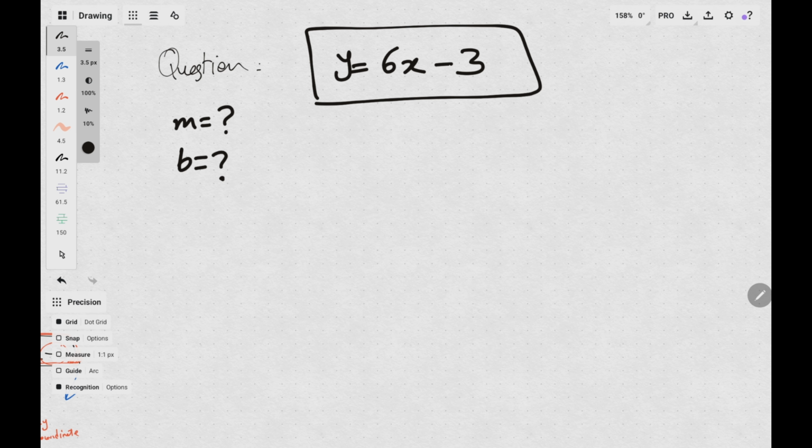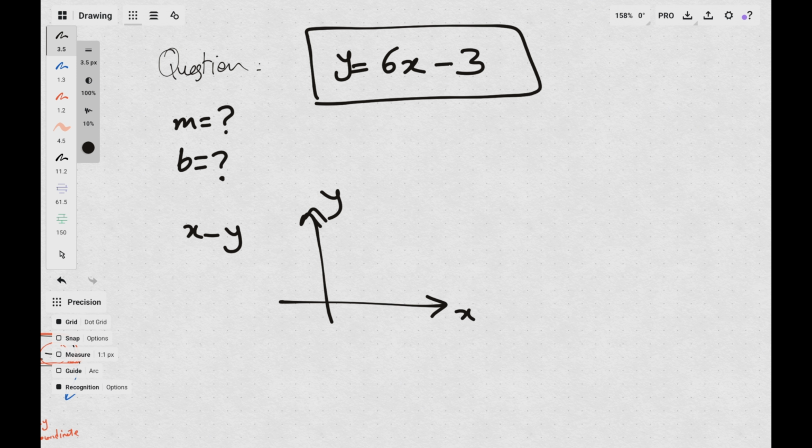You can figure that out by comparing it to the main formula in the previous slide. And you can also represent that in an xy coordinate like this.